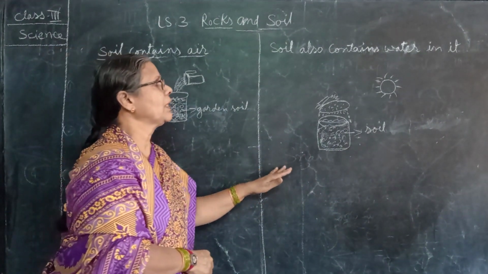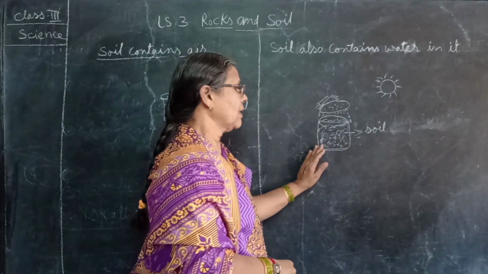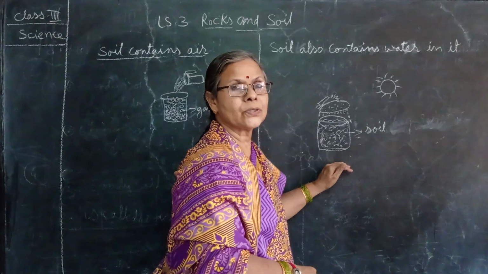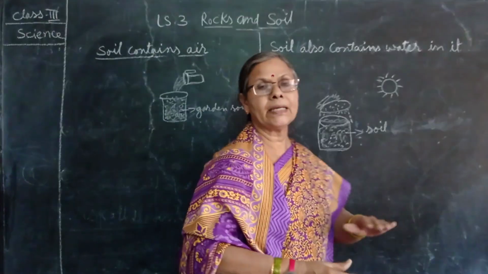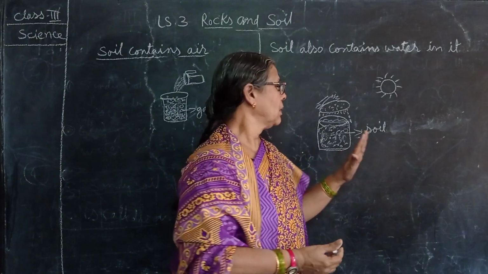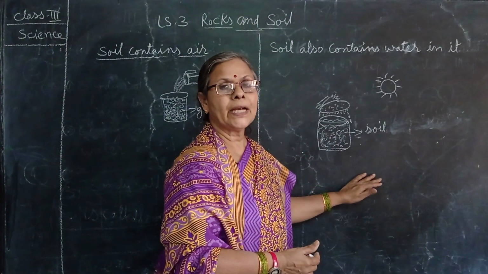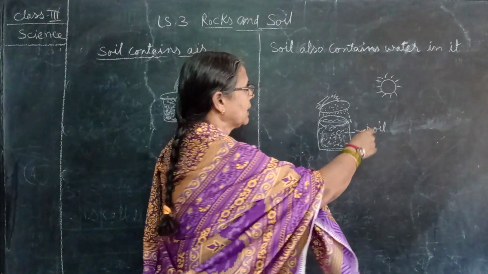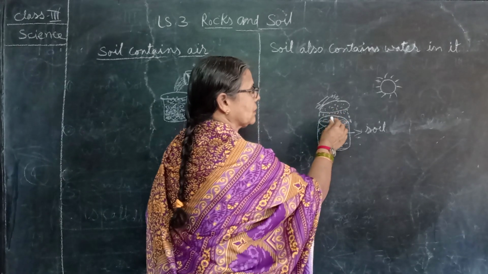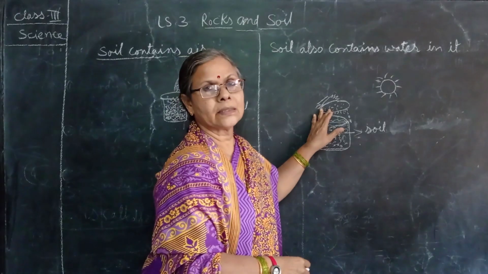And the next one: soil contains water in it. Take one jar, put some soil into it, put a lid on, and keep the box in the hot sun. You can open the lid after some time. What do you find? You will find water droplets on the lid. How?